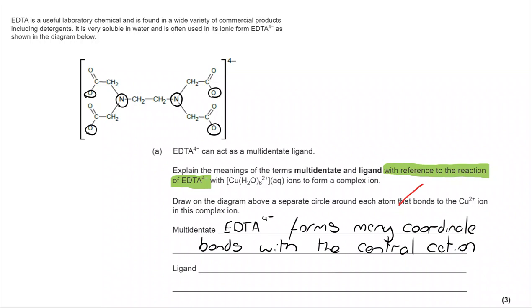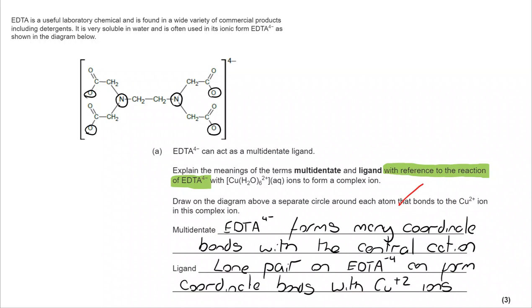We have to say that in this case it's the EDTA 4- that does that. And when we talk about a ligand, we are talking about the lone pair on the EDTA 4- forming a coordinate bond with the copper 2 ions. And we know it's copper 2 because we're starting with the hexa-aqua copper 2 here.